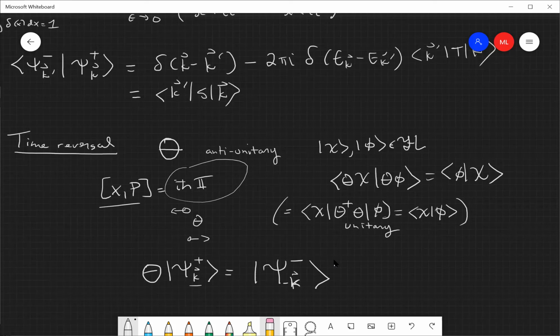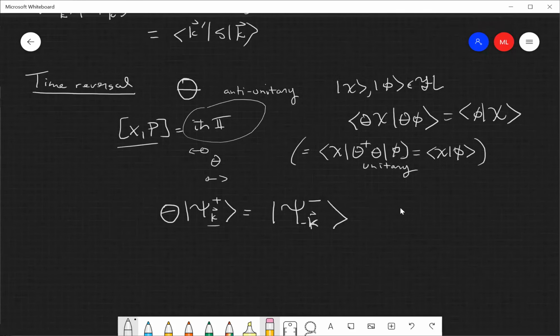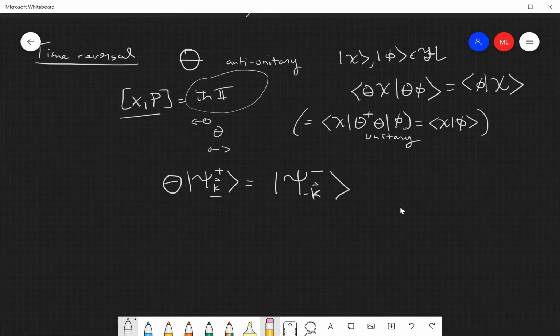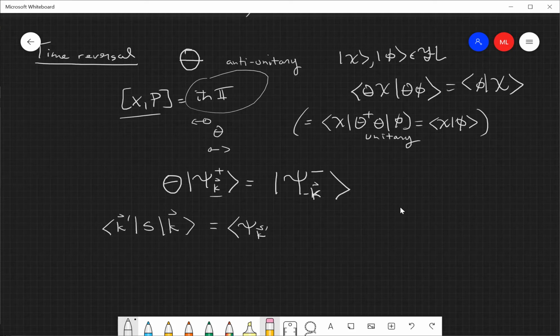Okay, but you can actually make use of this, because now you can make a statement about the S matrix. Because if we do this, it is equal to psi k prime minus psi k plus.